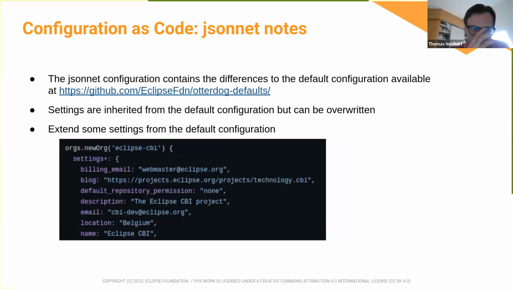Okay, some notes. Usually inside your Jsonnet configuration, you will see the difference to the default configuration. As I already said, the default configuration is publicly available on GitHub, hosted in the Eclipse FDN organization. There's a repo, you can take a look there. Settings from the default configuration are taken, but of course can be overwritten to your needs.